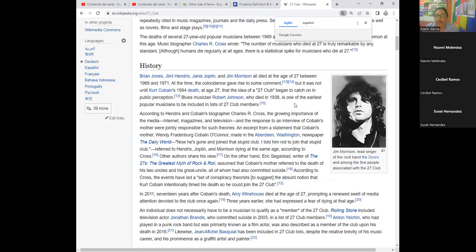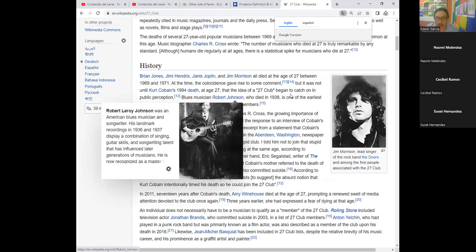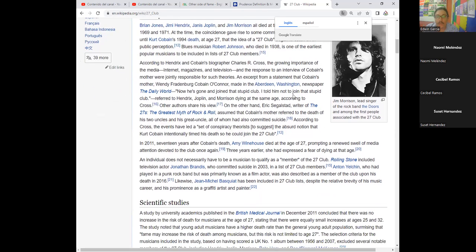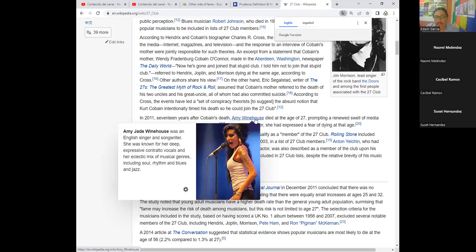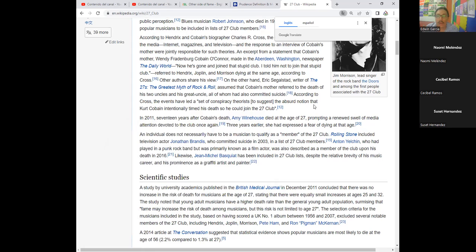And we can go, for example, to Robert Johnson, another one. And if we go to the most recent, we are going to find, for example, in this case, Amy Winehouse, okay, another one.